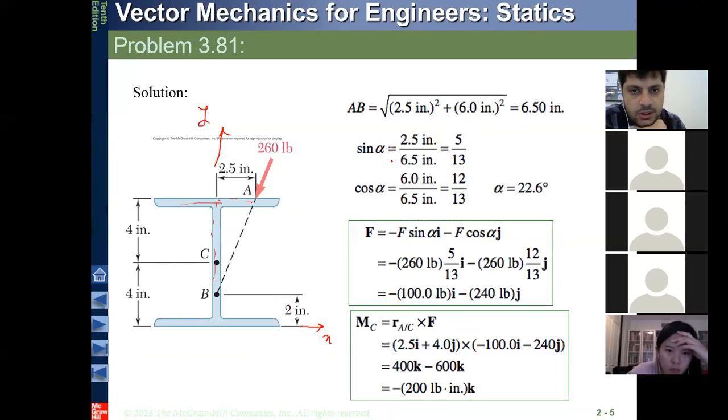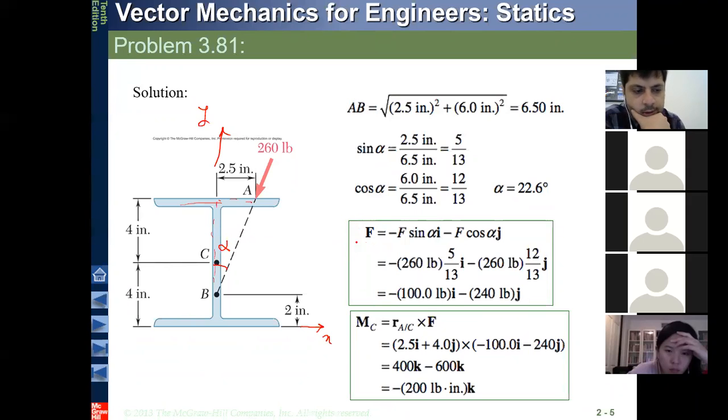And then you can have sine of alpha, where alpha is this angle, equal to 2.5 over 6.5. And cosine of alpha is 6 over 6.5.